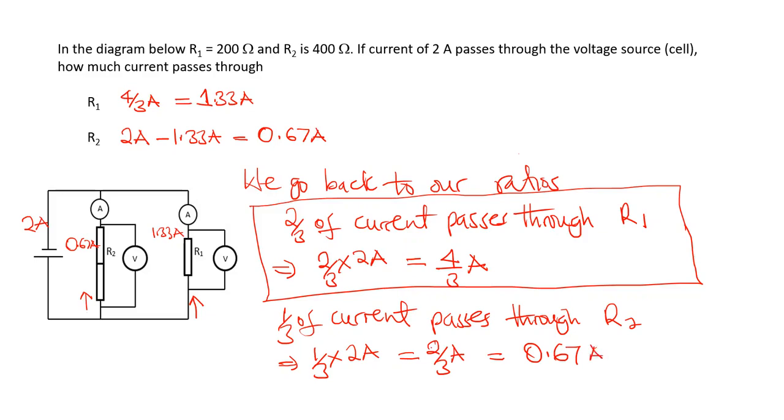So once we know that R2 is 0.67 amp, we just subtract 2 amp minus 0.67 amp to get R1. So that's how we solve these problems. So just go over them and understand them. Thank you.